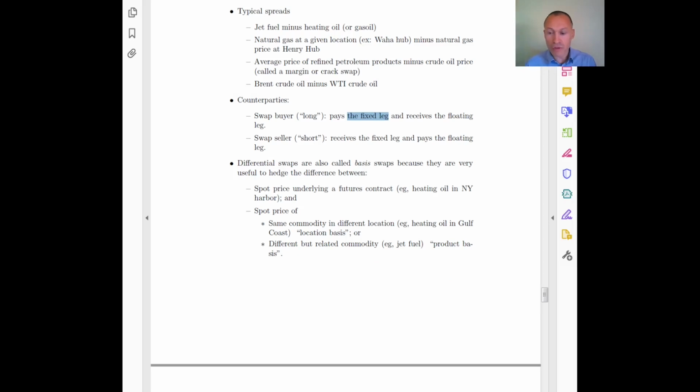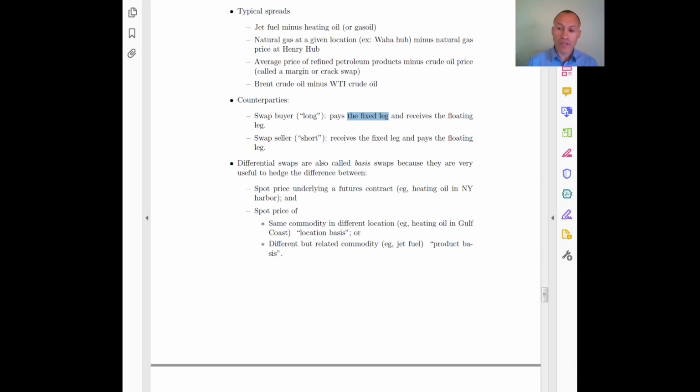So differential swaps are also called basis swaps for the following reason. Recall when we talked about futures, we said in energy it was important to decompose the basis in two parts. The first part was the difference between the futures price and the underlying price at the delivery location of the futures. And that was called the storage basis.